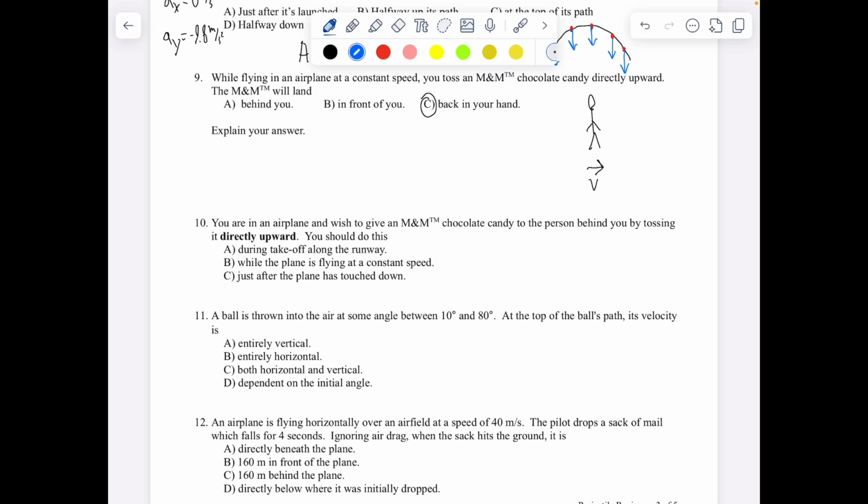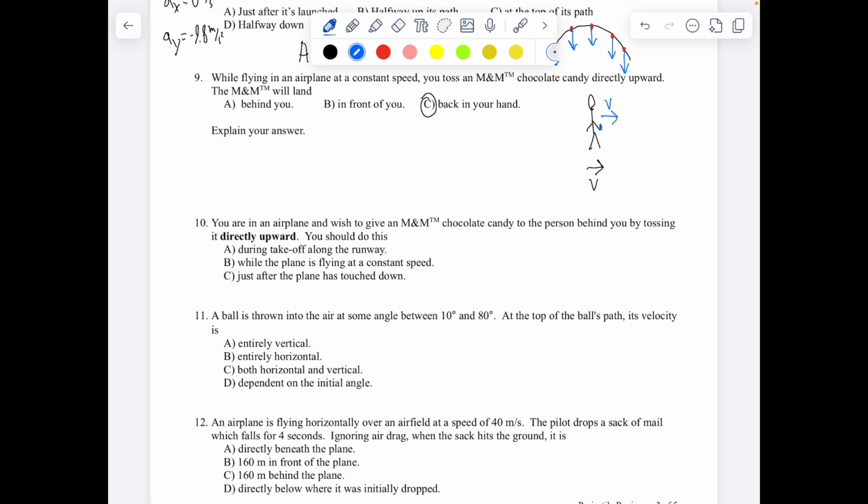The M&M candy, let's say it is a blue M&M, is also traveling to the right with that same velocity. So when you throw it directly upwards, it maintains that horizontal motion just like you do, and it is going to land right back in your hand.